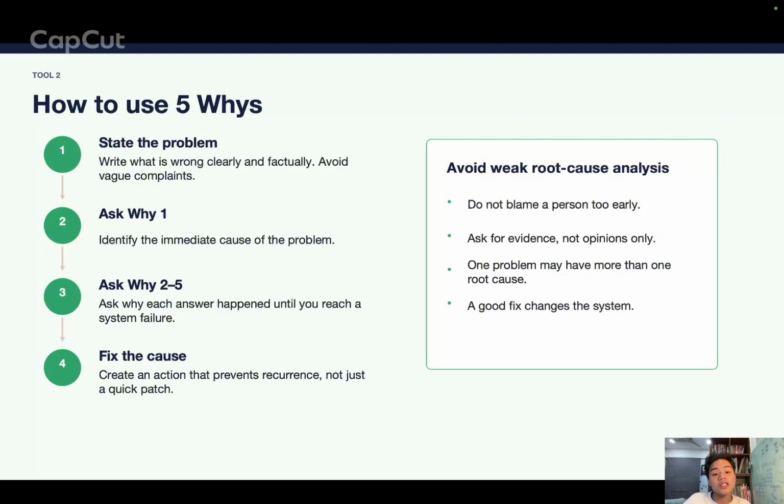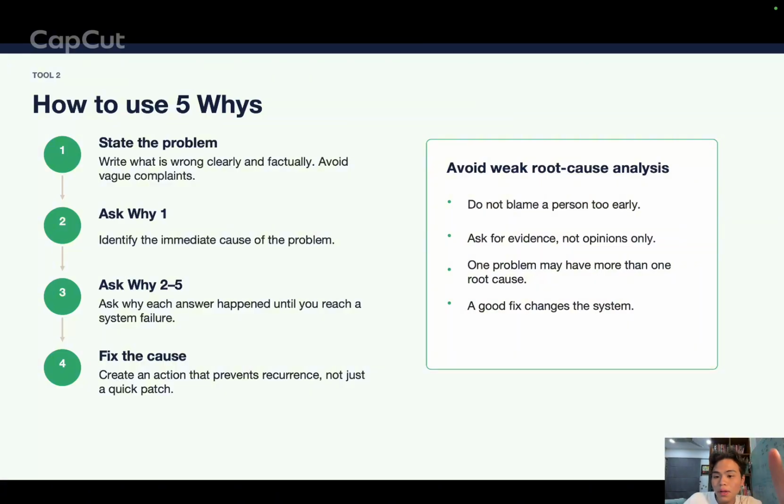Fixing the cause is really important because the purpose of the 5 whys is not just to explain the root cause of a problem. We need to take actions that reduce the chance of the root cause and the problem happening again. So there are several mistakes that we should avoid.